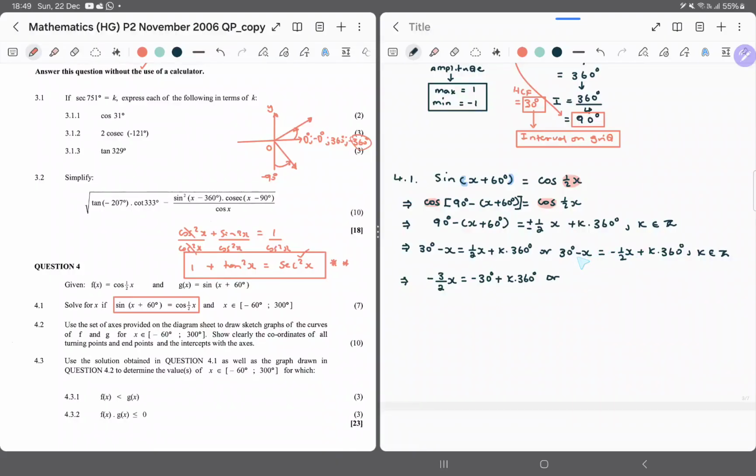Or we take this one, it becomes minus x plus a half x. So we get minus a half x is going to be equal to minus 30 degrees plus k times 360 degrees, where k is an element of integers.